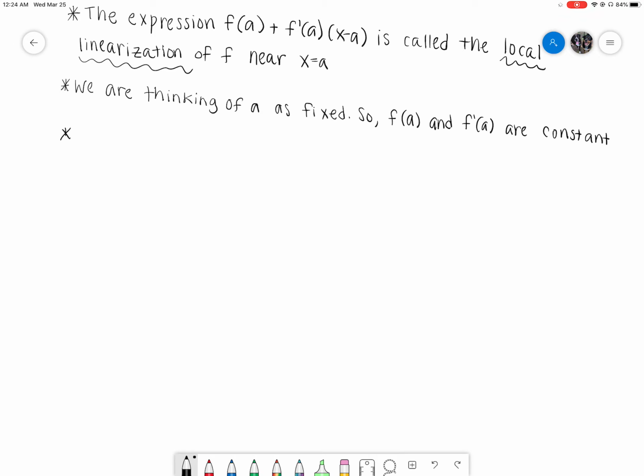And we also get to define the error in our approximation.